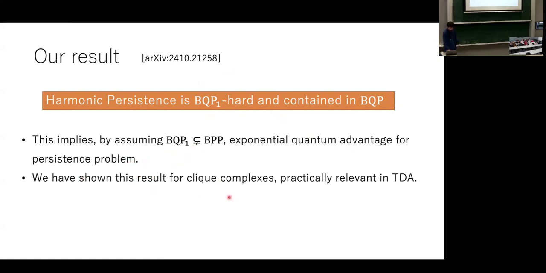As I said, we have shown these results for Rips complexes, which are practically relevant simplicial complexes in TDA. So I think this result makes progress compared to the previous results on the normalized persistent Betti numbers estimation problem.